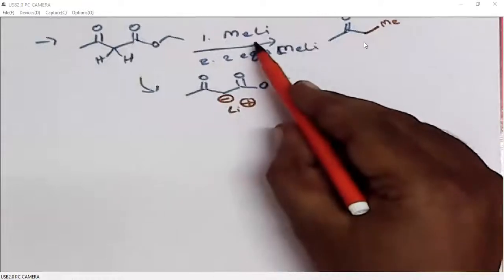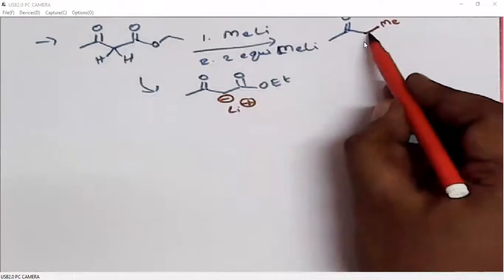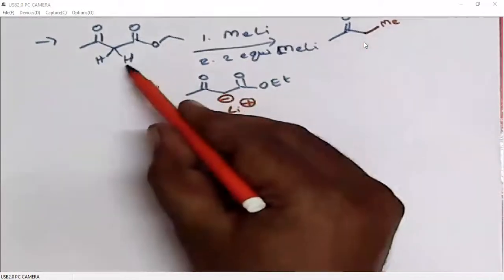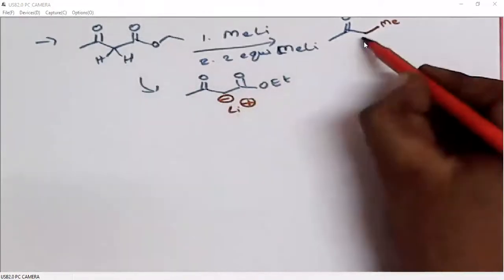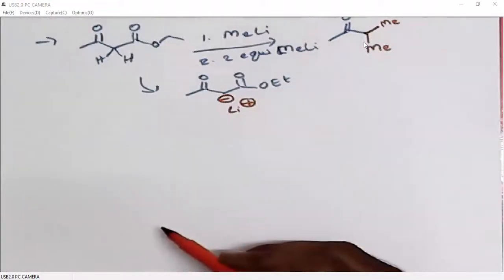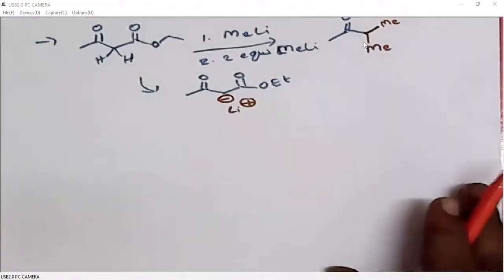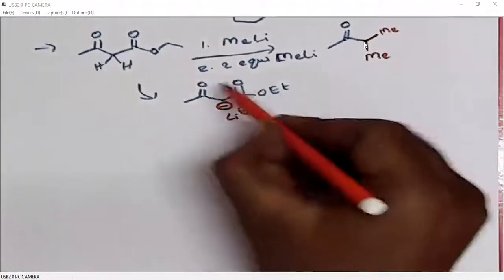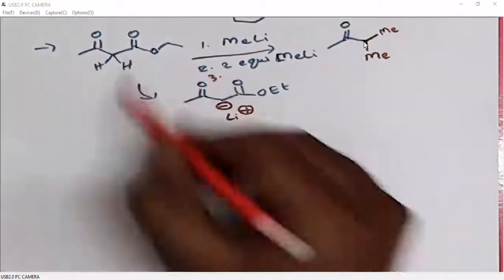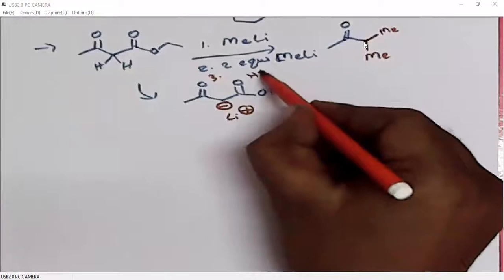Under the same methyl lithium conditions, after alkylation, another proton can be abstracted. So there is a possibility for alkylation for the second time, and not only that, we can remove this ester by hydrolysis.